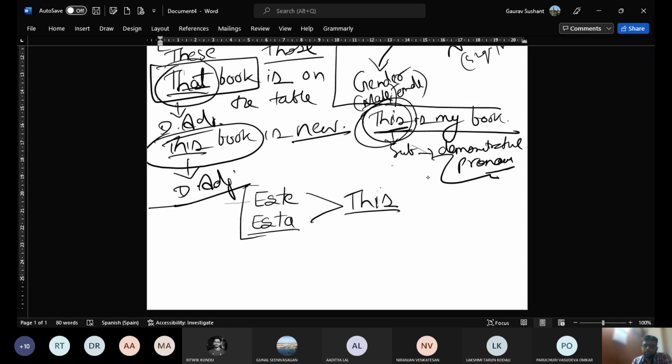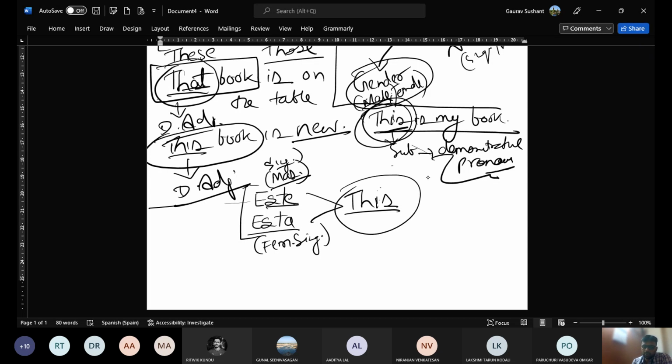The reason is the same: gender. You use este with a masculine noun, so this is a masculine demonstrative adjective. Esta is a feminine singular demonstrative adjective. This is also singular. Both of them refer to the same word, this.